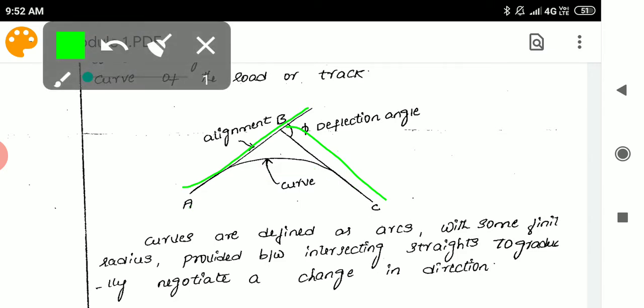Here, from B to C is the deflection angle, AB is a tangent, BC is a tangent, and this one is the curve.